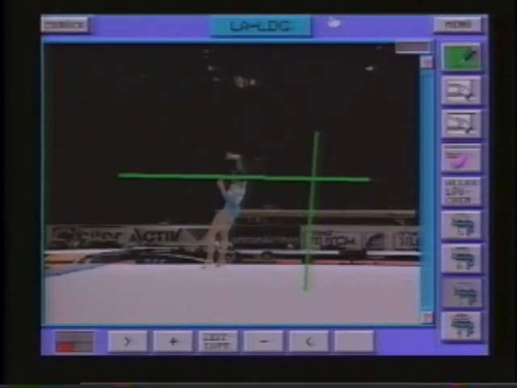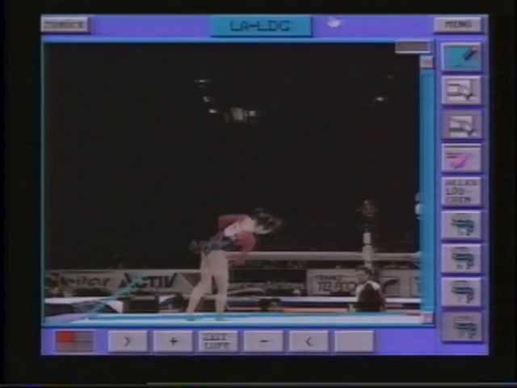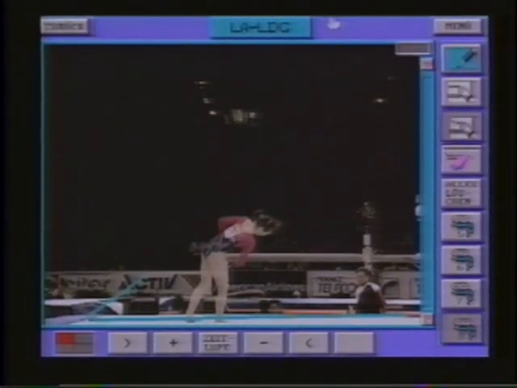Fourth example, also in the moment the floor is touched by the feet, the position of the hips and shoulders is to be observed, whether to recognize C, D, or E. Our last example shows that the deviation is greater than 20 degrees, so devaluation of the element 1 level.